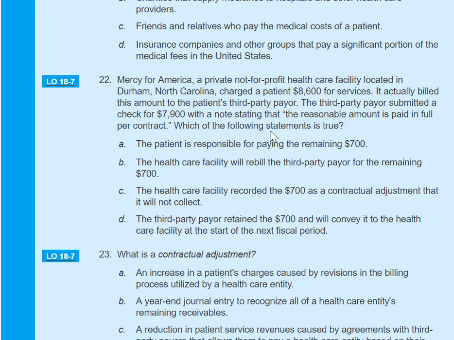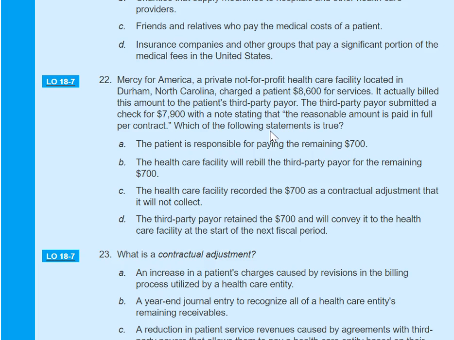So with some healthcare entities, in most cases, you will see that they have a contractual agreement with the third-party payers that they can collect a certain amount. In that case, if the third party is paying a lower amount than what is charged, then the healthcare entity needs to write off from those patient service revenues.